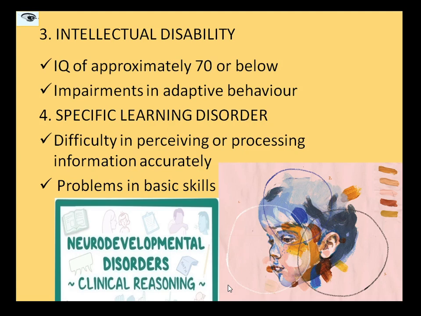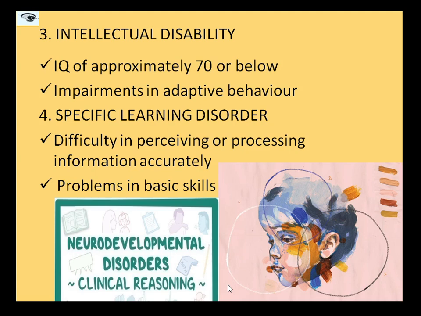So there is a below average intellectual functioning, and in this below average intellectual functioning, definitely there is an IQ which has a range of approximately 70 or below 70. And also there will be deficits, very clearly, or you can say there'll be impairments, in terms of the adaptive behavior.